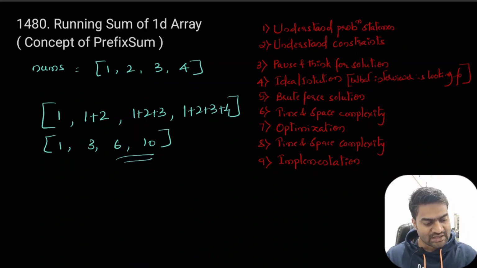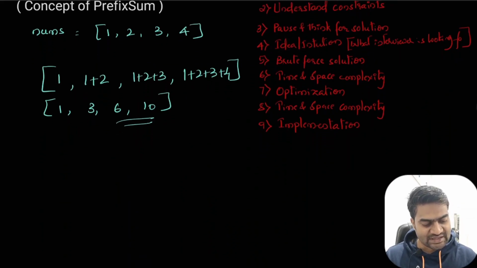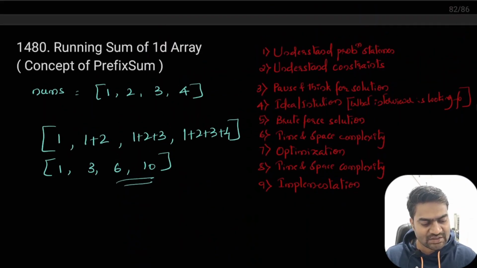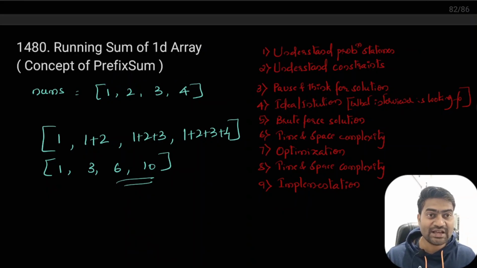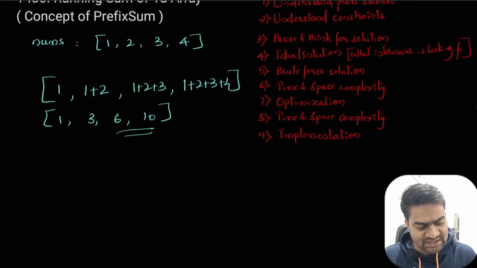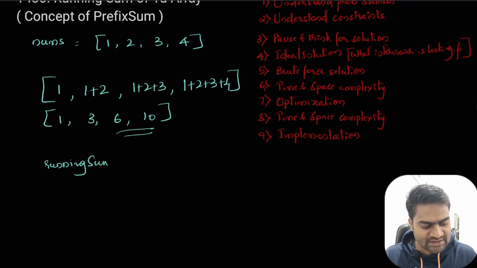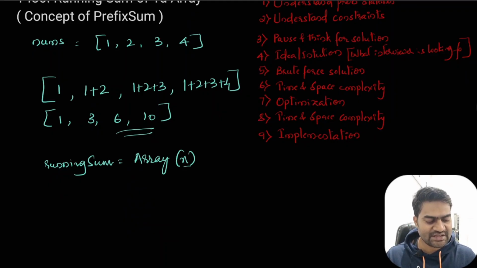Now let us look into the pseudocode. What exactly do we need? First, we need one loop which iterates over the different positions to find that particular running sum. Then another loop to iterate from 0 till that particular number. So I will say runningSum is an array of size n, where n is nothing but our nums size, so n equals nums.length.